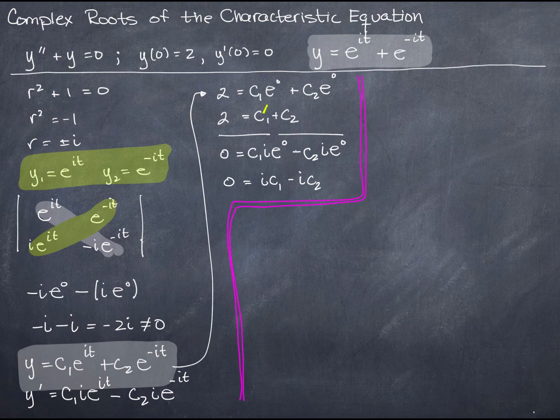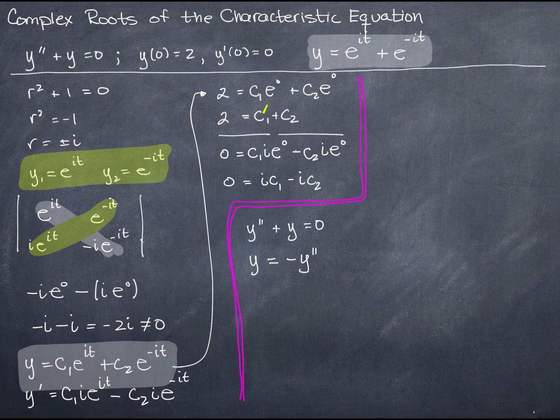There's another approach though, and I think this is really quite interesting. I'm going to rewrite my differential equation. I'll do it here. y double prime plus y equals 0. And if I subtract y double prime from both sides, I get y equals negative y double prime.